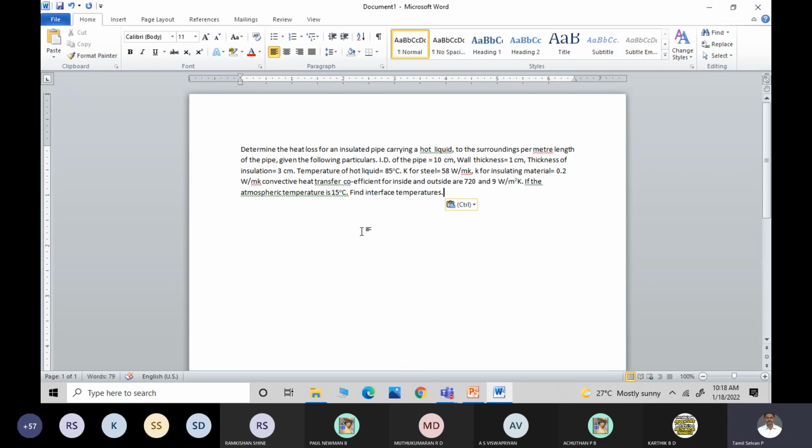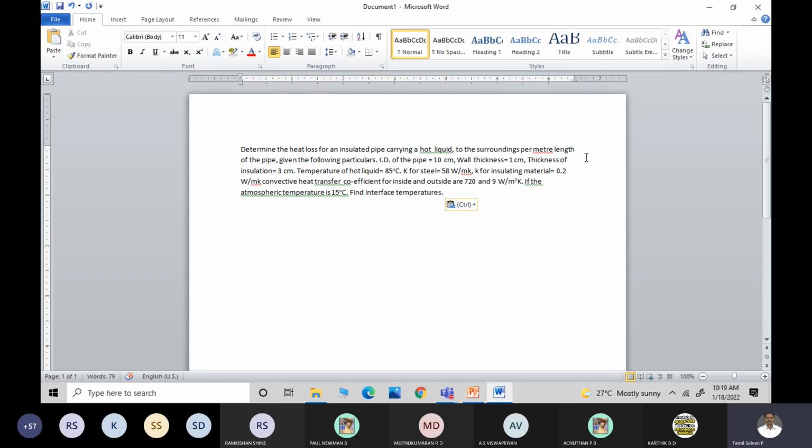Okay, so this is the question. Find the heat loss of an insulated pipe carrying a hot liquid to the surroundings per meter length. So the length is given as 1 meter of the pipe, given the following particulars. Inner dia of the pipe is 10 centimeter, wall thickness is 1 centimeter, and thickness of insulation is 3 centimeter.